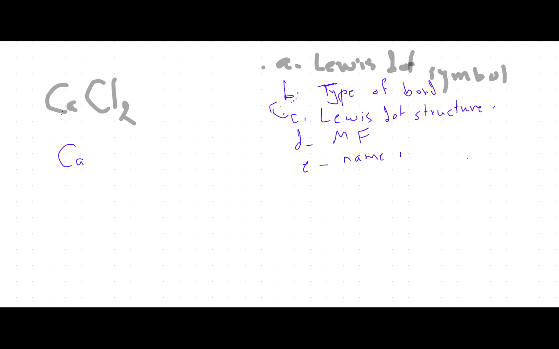Okay, so calcium. Abbas, you missed something. If you didn't understand, can you message me? The Lewis dot symbol is the atom or the element surrounded by valence electrons. What is the definition of valence electrons, San?